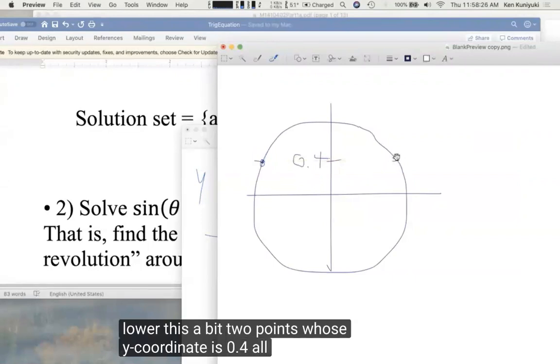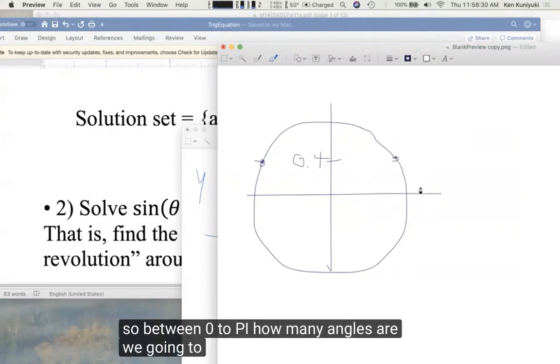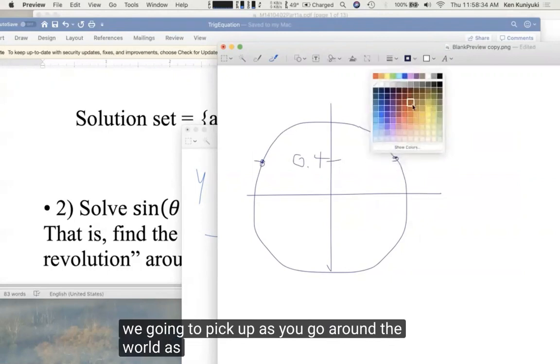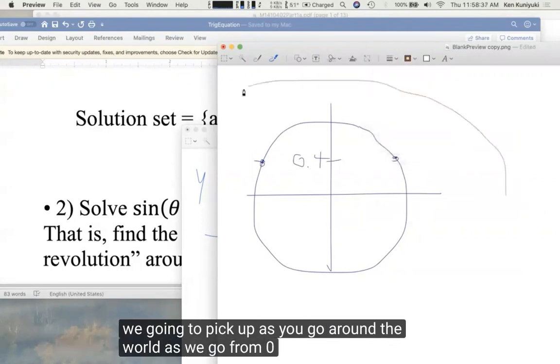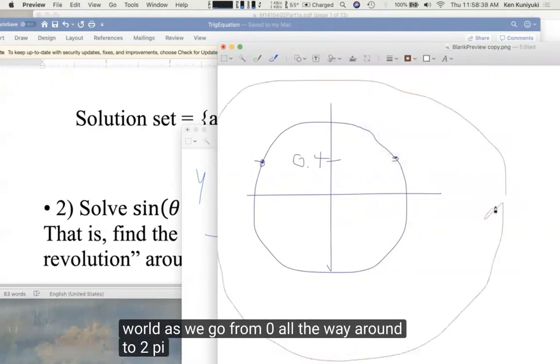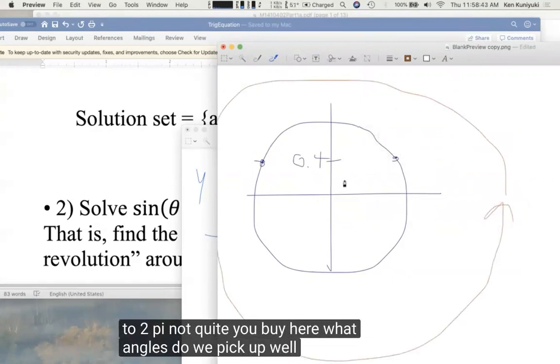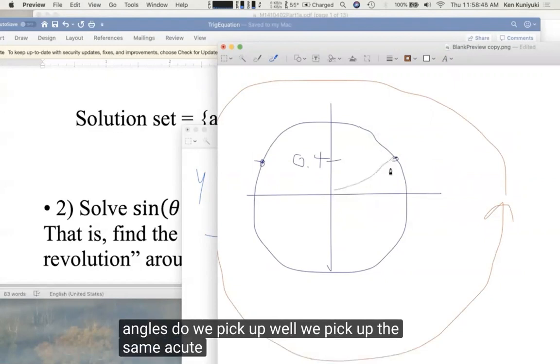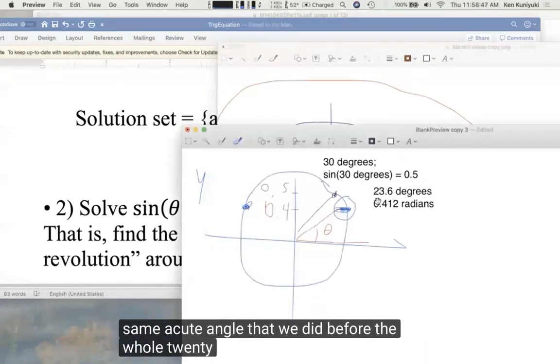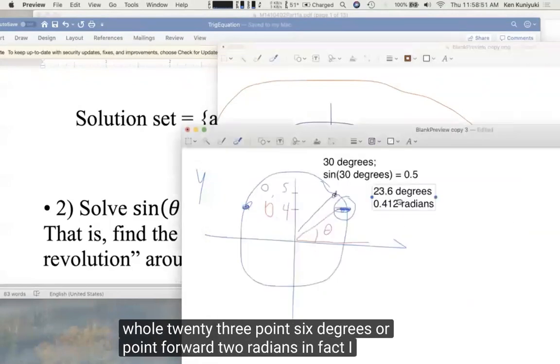So between 0 and 2 pi, how many angles are we going to pick up? As we go around the world, from 0 all the way around to 2 pi, not quite 2 pi, what angles do we pick up? Well, we pick up the same acute angle that we did before, the whole 23.6 degrees or 0.412 radians. In fact, I can copy this.